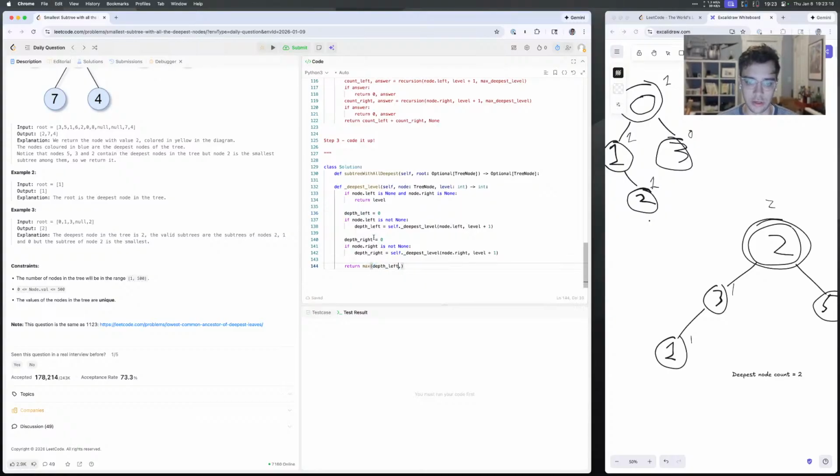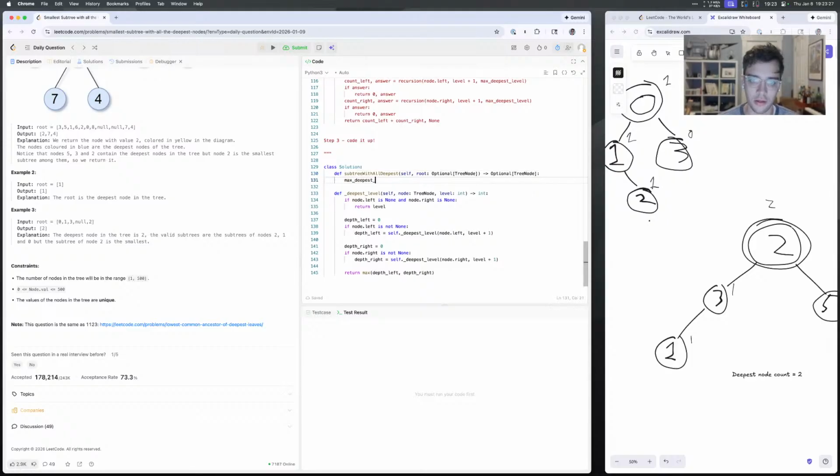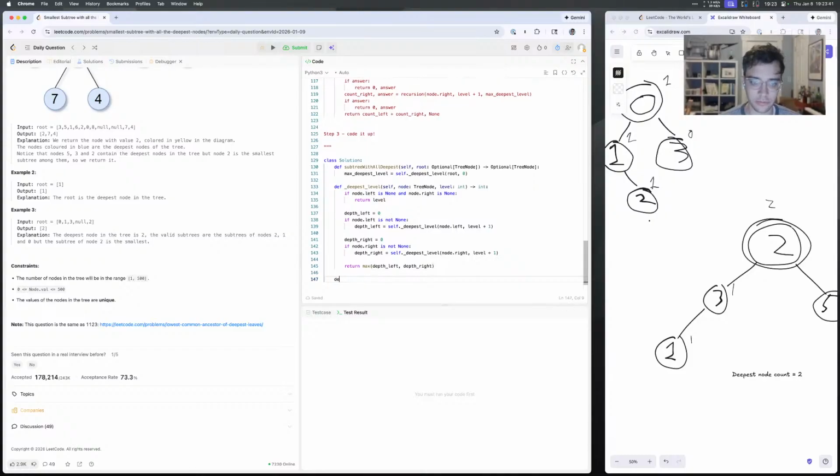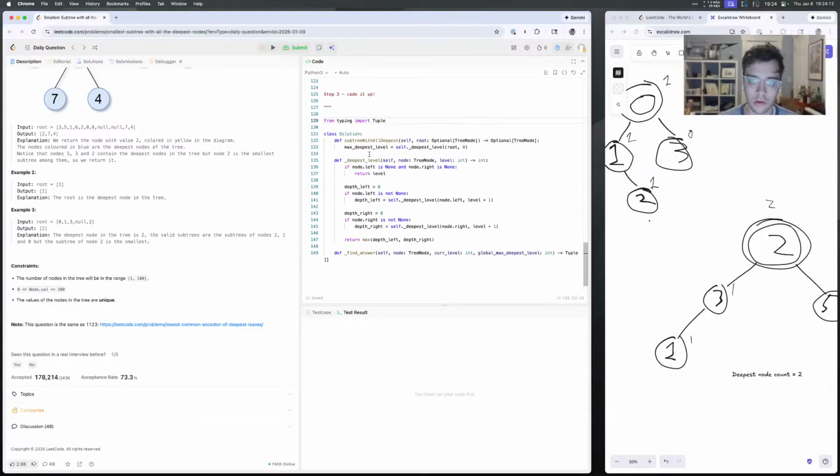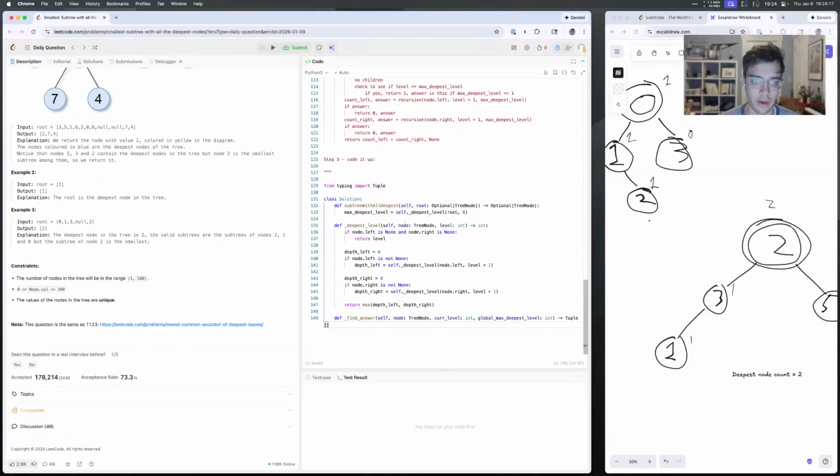And this is an okay default because there's always at least one node. And insert the count and an optional.